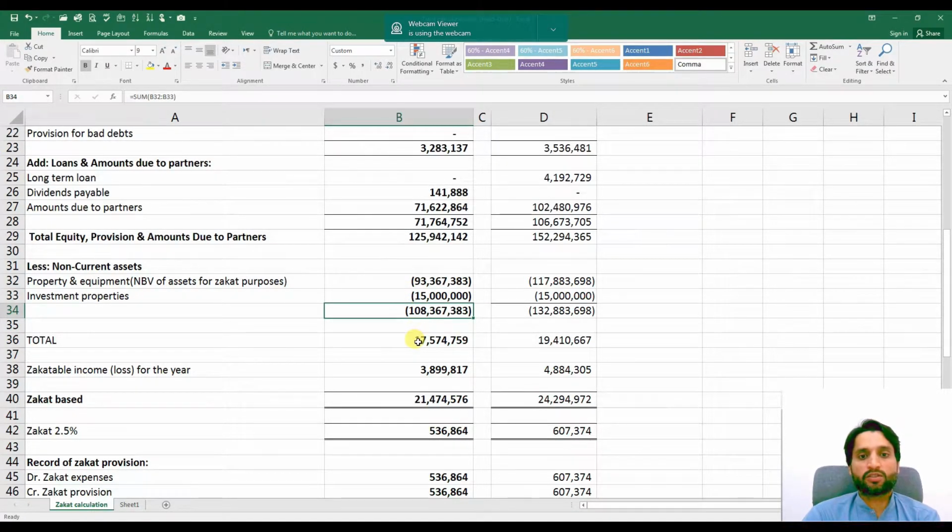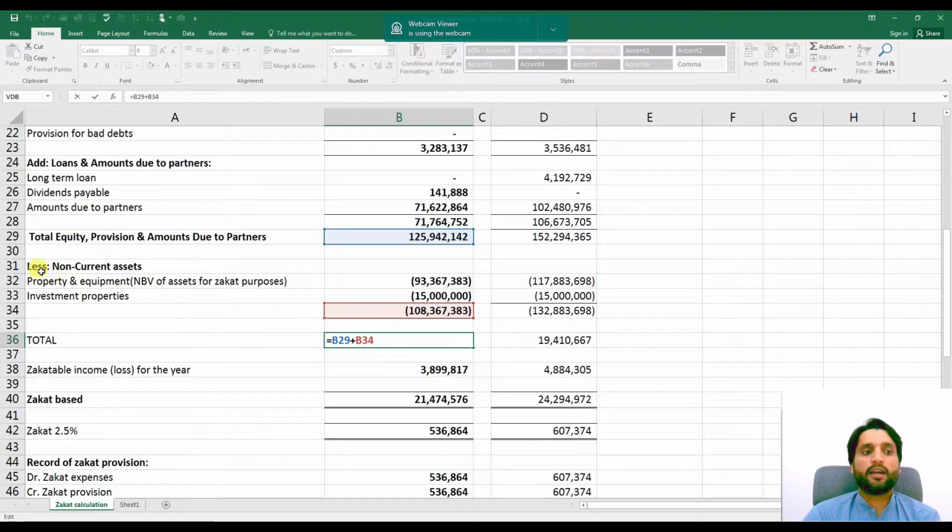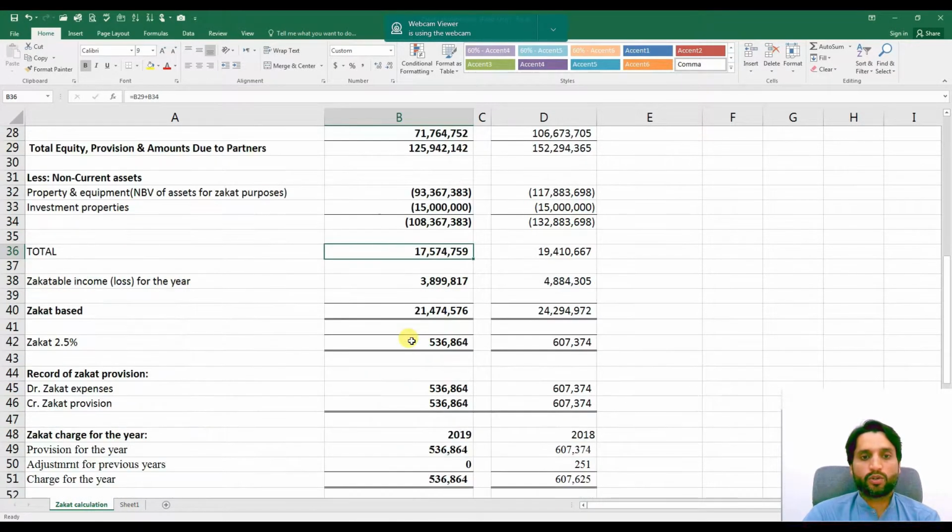When we are making the total of these two, total equity, provision, amount due to partners and non-current assets, our total comes here. This figure plus this figure. Here it is less, but you know this value is minus, so we need to put plus here. So this is the value at the end.